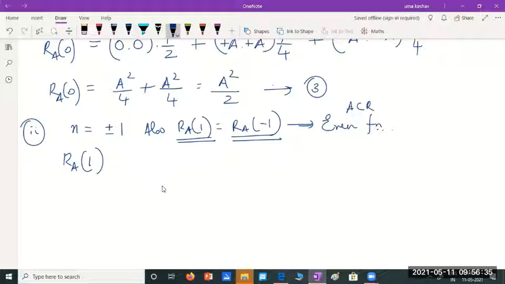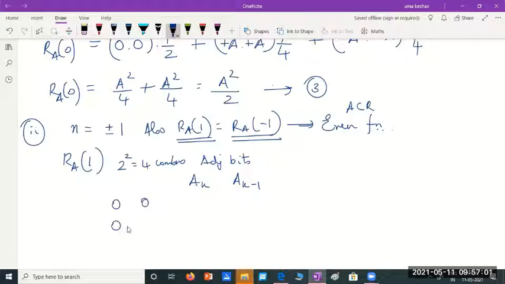Can you find the values of AK? Here I should consider adjacent bits, AK and AK minus 1. Consider how many possible combinations I can have for adjacent bits. Since it is 2 bits, I will always have 2 square, 4 combinations. Please remember, whenever it is 2 bits, 4 combinations.